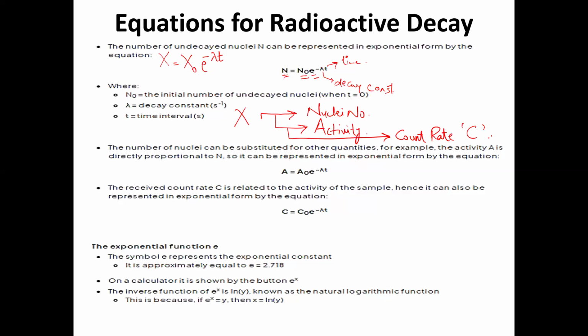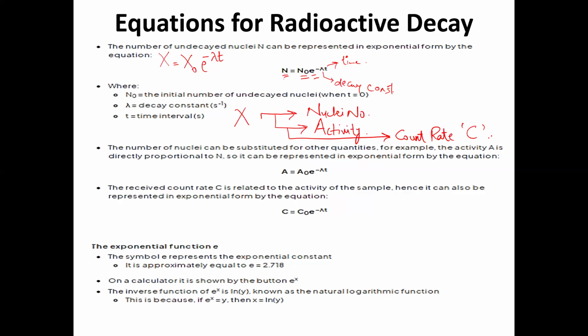So in radioactive decay, the remaining number of nuclei decay exponentially, the activity also decays exponentially, and the remaining count rate also decays exponentially. So as per this phenomenon, we are going to have three equations representing any radioactive decay. And what are those three equations?